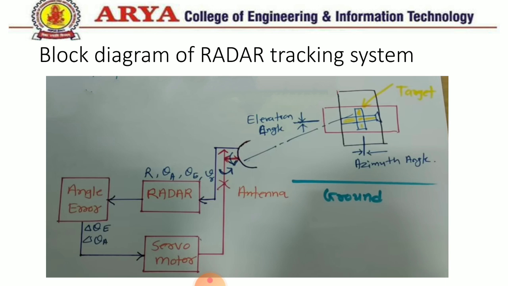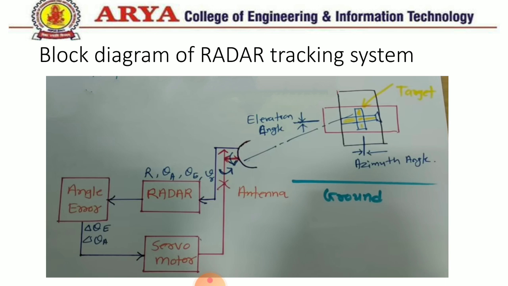That is received by the radar, and the radar system gives that correction to the servo motor, and the servo motor changes the physical orientation of the antenna so that the elevation angle as well as the azimuth angle correction gets done. This is how direction is modified to track this object.